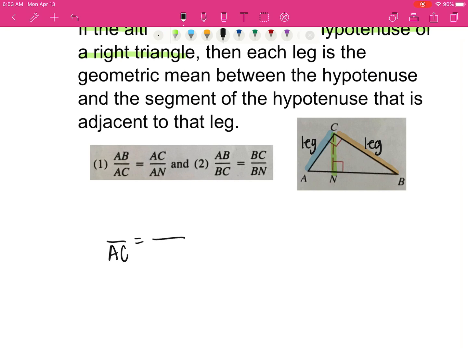I'm going to have AC and AC. Well, what is it the geometric mean between? Between the hypotenuse and the segment of the hypotenuse that is adjacent to the leg. So here I have the hypotenuse.